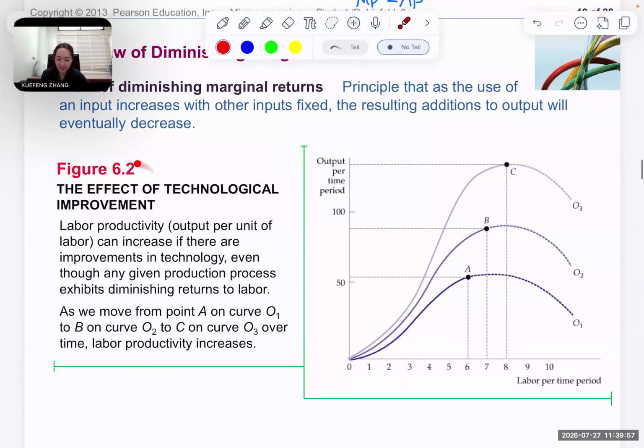Look at figure 6.1. Okay, so we have three different curves, O1, O2, and O3. Each curve individually still shows diminishing returns, all right?